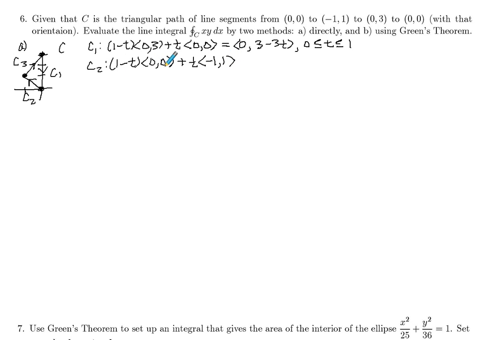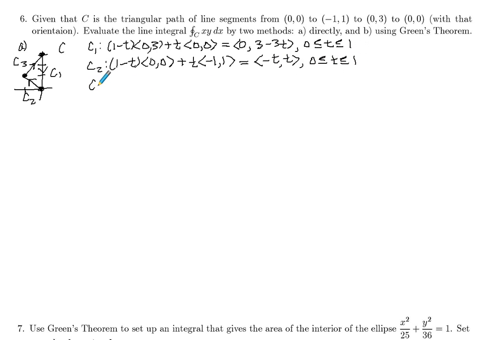Both of these are 0, so this isn't going to contribute anything. We just do t times negative 1 and t times 1. This is just negative t, t. And again, same domain, 0 less than or equal to t, less than or equal to 1.